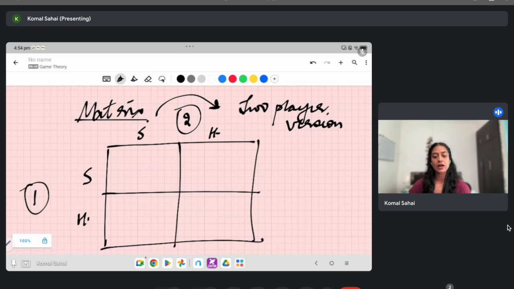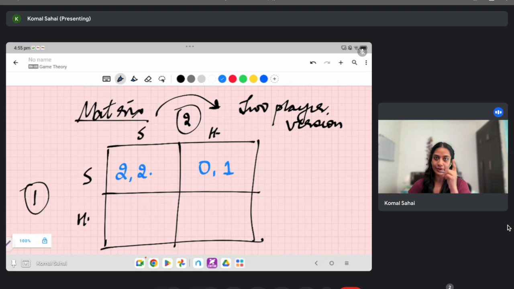right? The payoffs are: if both go for stag, right, then that is the best outcome for both of them. The worst outcome for player 1, right, is when she is stuck with stag but the other player deviates, right? But that outcome is less preferred to the coordination outcome, okay? So then she gets a 0 and she gets a 0.